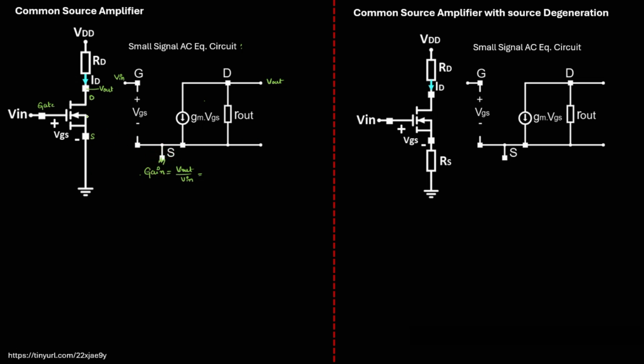Also, the drain terminal is connected to VDD. But when we do the AC equivalent circuit, VDD has to be grounded. So when VDD is connected to the ground, the drain terminal is connected to the ground through RD. Let me make a connection over here.